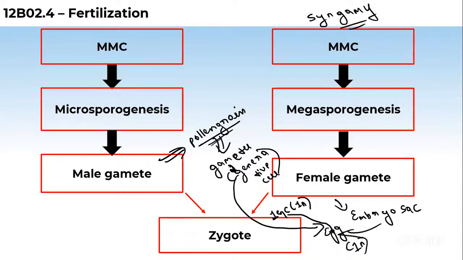Now these haploid cells will fuse to form the zygote. This is nothing but fertilization. This is what we studied in fertilization. Very good, Rakshita. Very good, Lily. Very good, Sanjur. Now, the male gamete and the female gamete are ready.